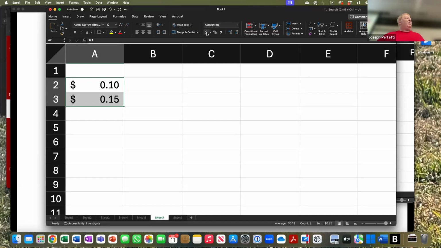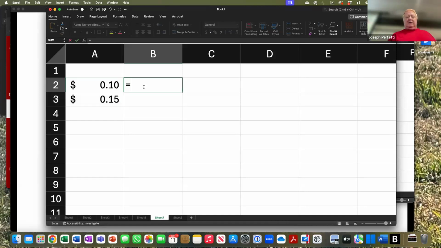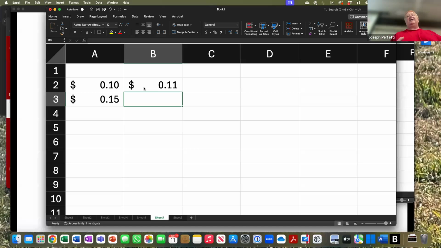But what if the growth rate changes? What if the company making 10 cents a year grows the 10 cents at a 10% rate? And what if the company making 15 cents a year grows the 15 cents at a 2% rate? Equals 15 times 1.02.